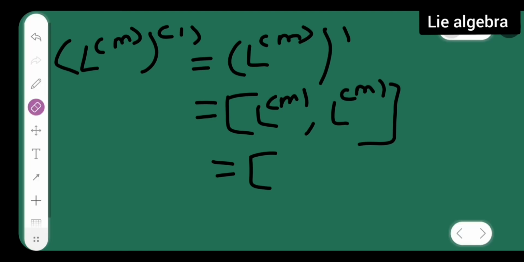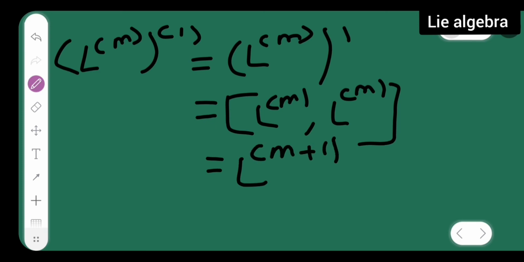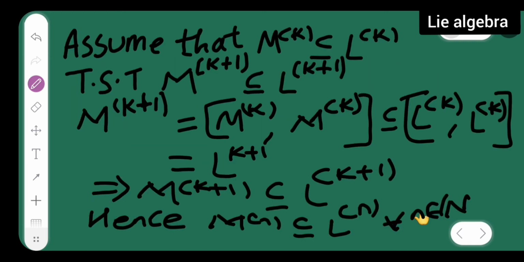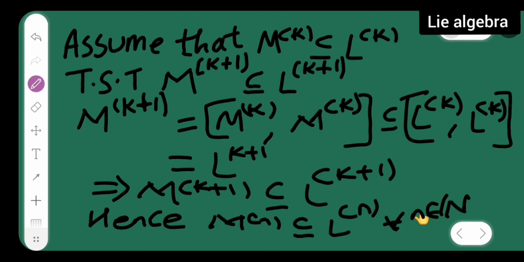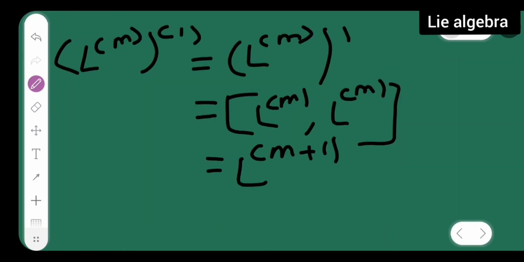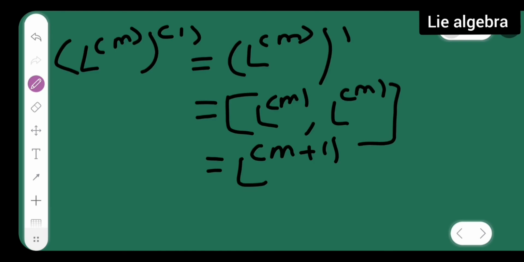Sorry, it's not like this. Now how do we write this as L raised to power of m plus 1, right? In the previous lecture I made some mistake, I guess. Just do some correction here. Put the bracket here. So L raised to power of m plus 1.